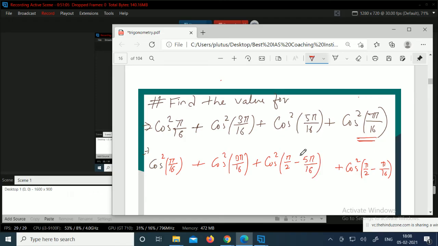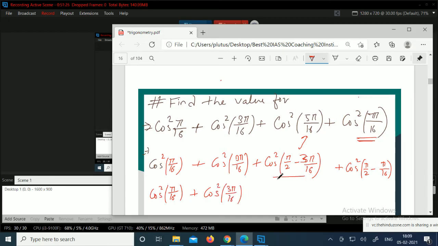No, not 5 pi, 3 pi, because 8 minus 3 is 5. So if I write this as cos square pi by 16 plus cos square 3 pi by 16.